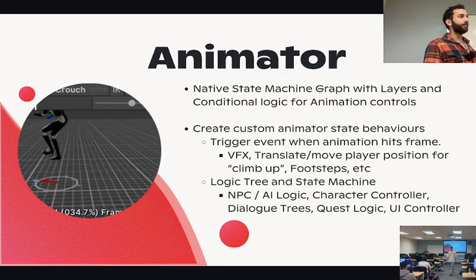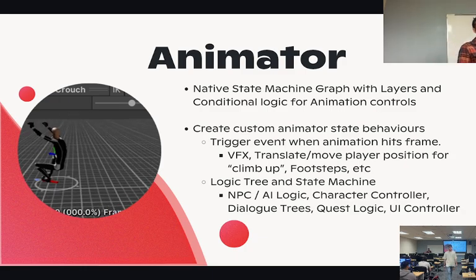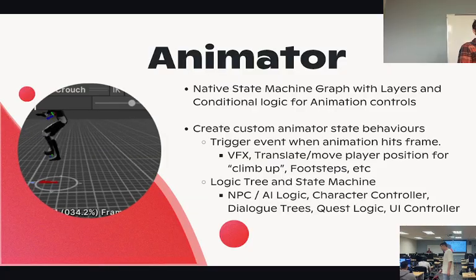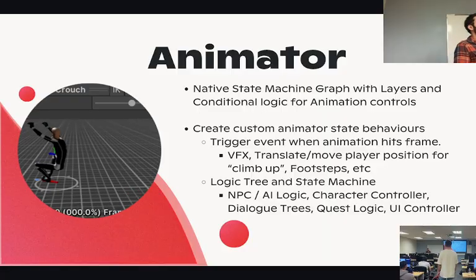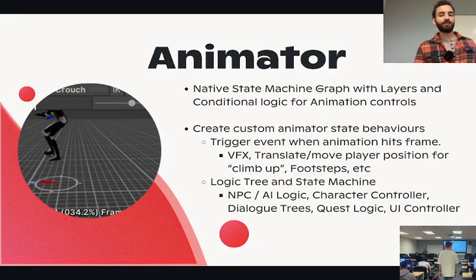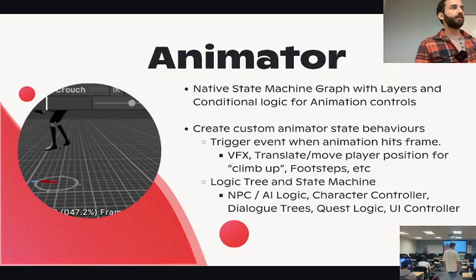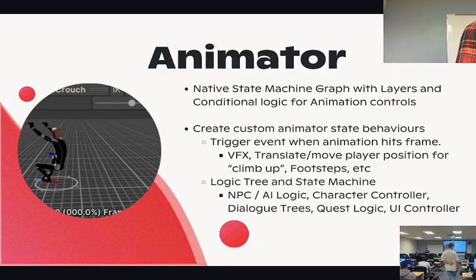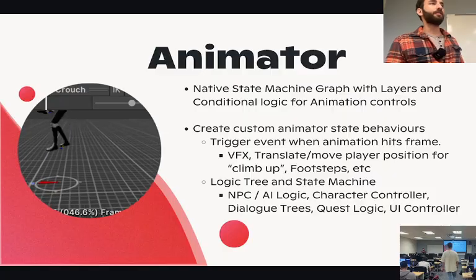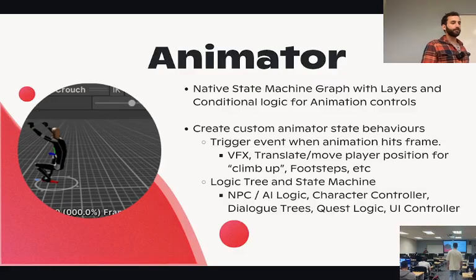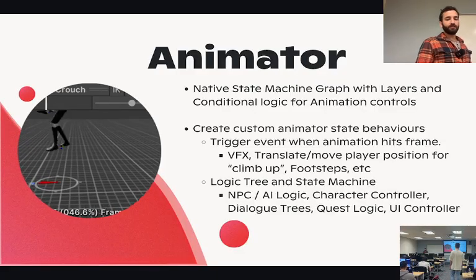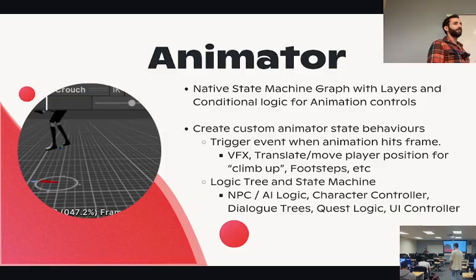So you could have an animation that plays and trigger an event when it hits a frame. So if you wanted to implement footsteps or VFX and things like that, you would create a custom state behavior for interacting with the animator. And then you can also make logic trees, so you can make state machines outside of just animations.